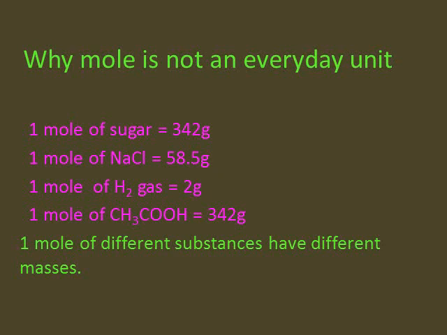Like 1 mole of sugar is 342 grams, 1 mole of sodium chloride is 58.5 grams. So we can't fix the standard. 1 mole of any substance has its own mass. It's a mass independent unit. So that's why we can't use it in our daily lives, and that's why it is known as the secret unit of chemistry.